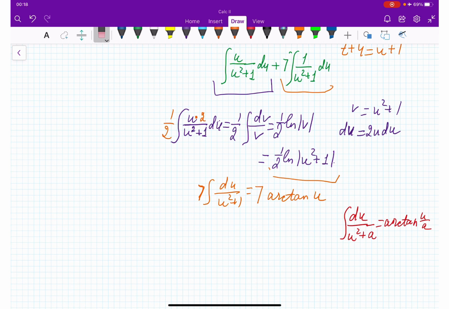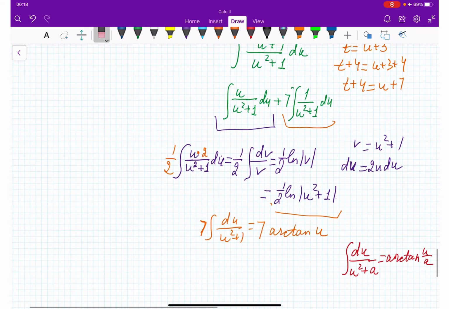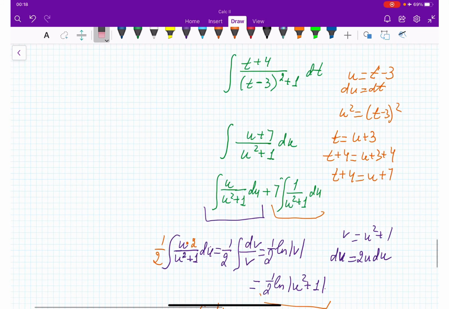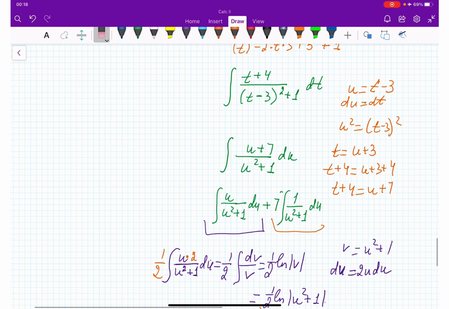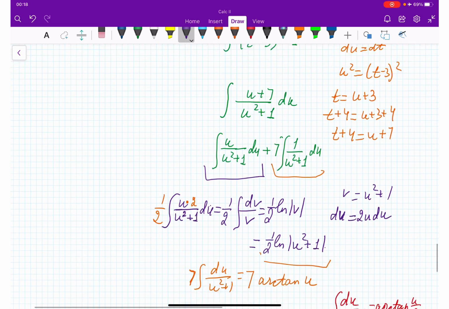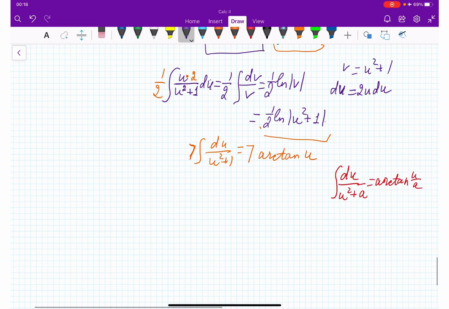Since we brought back from v to u, now we need to go further back from u to t. Our u is equal to t minus 3.